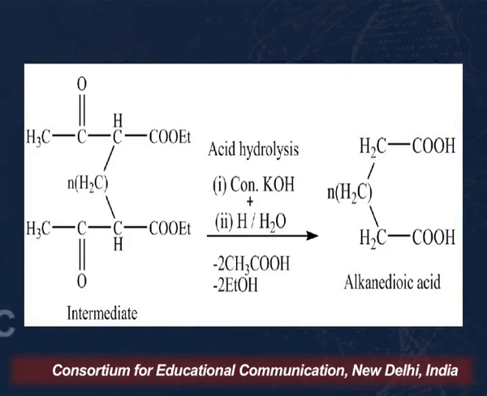Subtract NaI from here, subtract NaI from here. That is, subtract 2 moles of NaI and make a bond between this methylene carbon CH2, which is coming from the dihaloalkane, and the methylene carbon here. So this is the intermediate you will get.